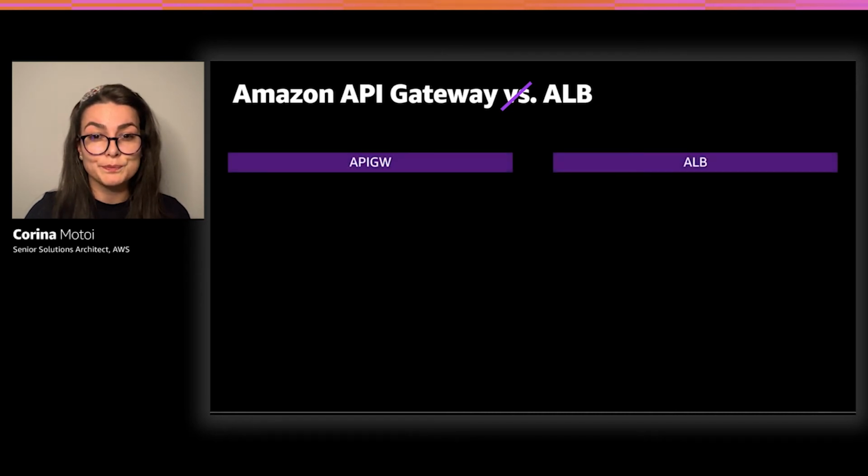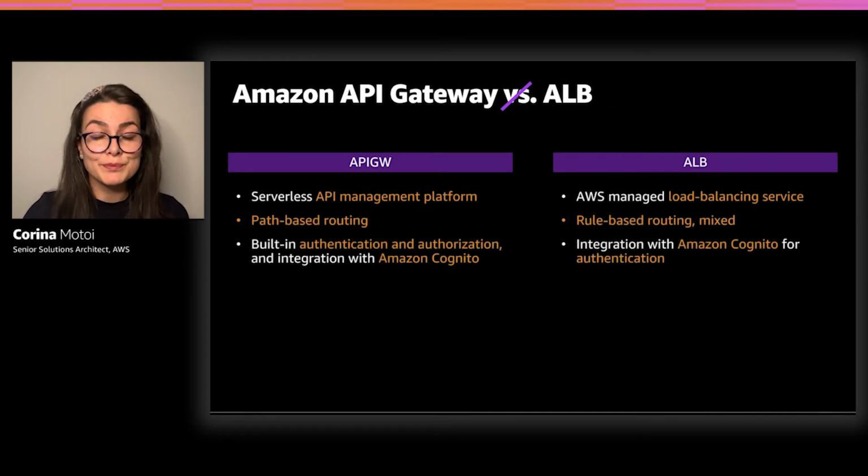services. So one point that stands out when you're talking about API Gateway and ALB is the routing, how the requests are routed. API Gateway supports path-based routing based on the URL requested by the client, while the ALB, the Application Load Balancer, has a more extensive routing mechanism.